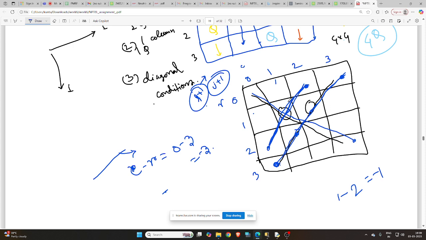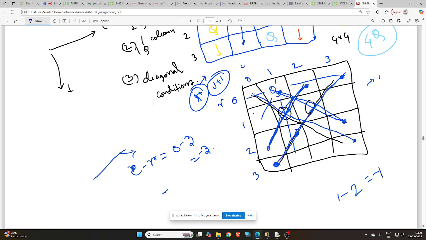Similarly, for this diagonal there should be some specific relation. So in each and every diagonal there should be some specific relation, so that it can be interpreted in Python, and then we can make sure that for this queen we are talking about this direction, and this direction, so no other direction should be occupied by this queen.